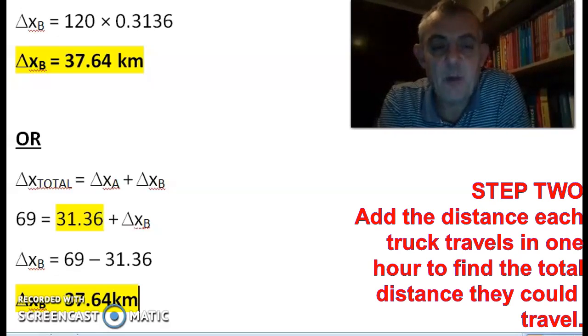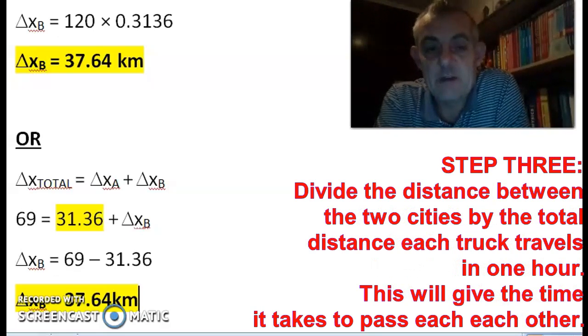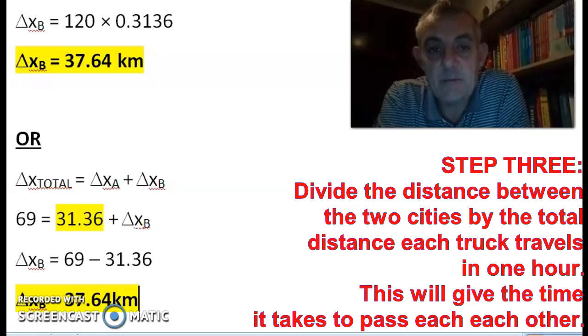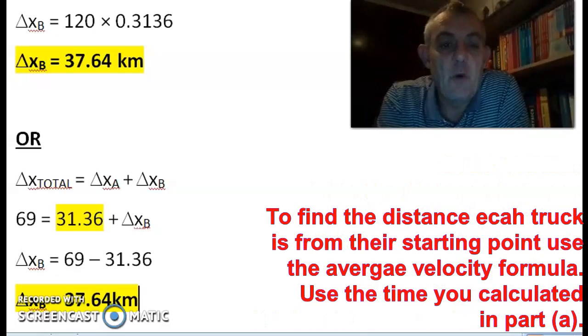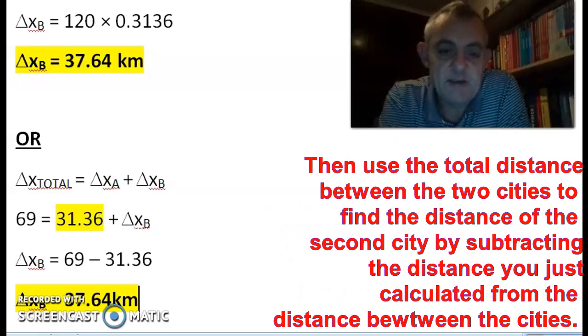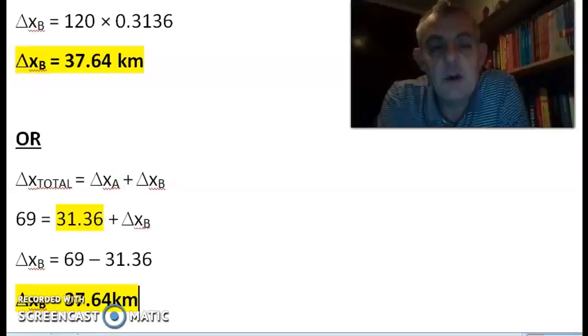How far the cities are apart will give you the time that they would have traveled, leaving at exactly the same time. When they meet each other, that will give you the time. Then you apply your physics equation, and then we use the total distance. So this problem is not difficult to solve if you put on your thinking caps and you work through it step by step.